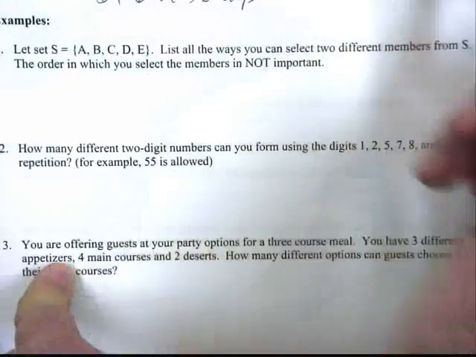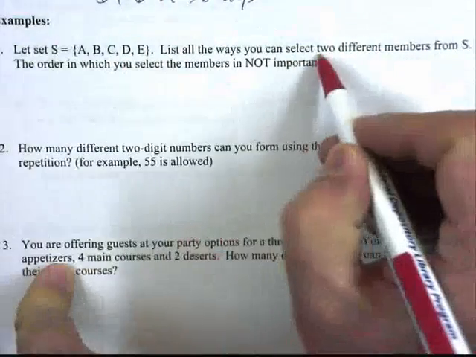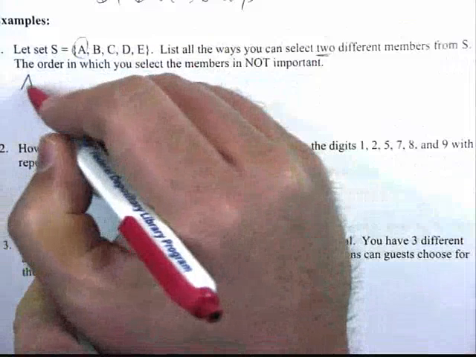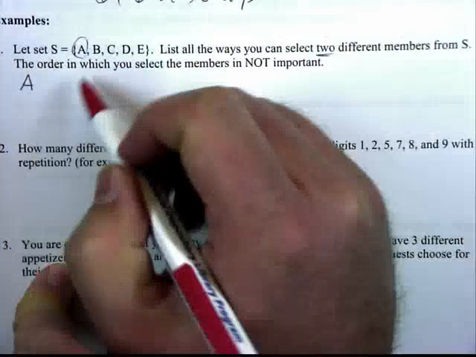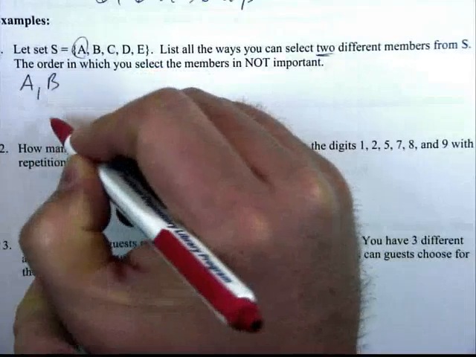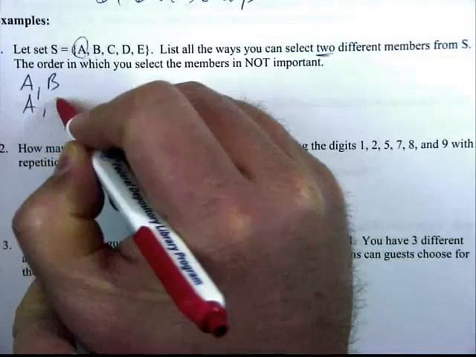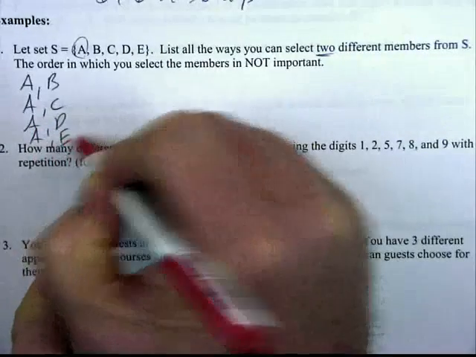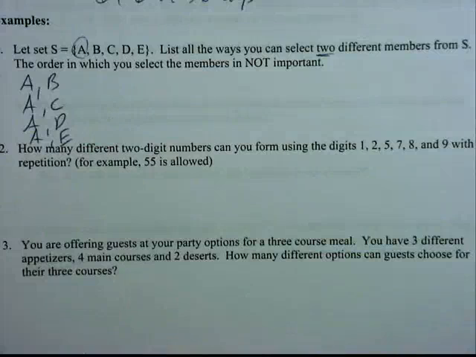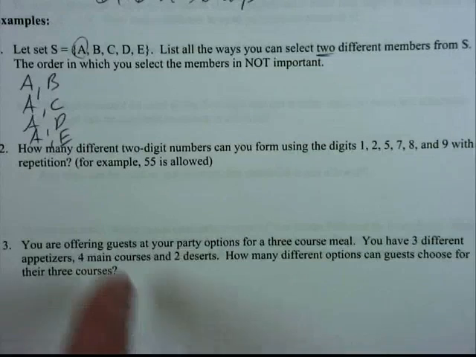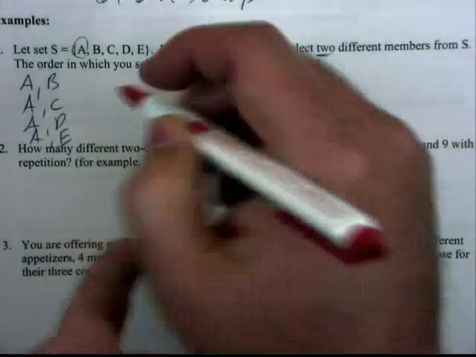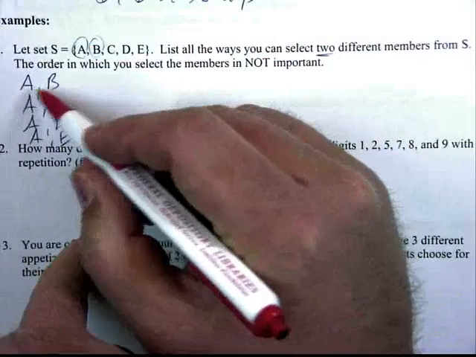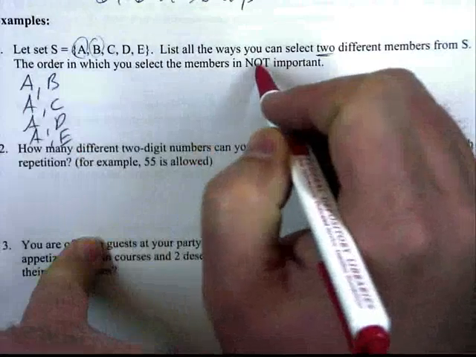So in other words, we're selecting 2 members, and we can start by selecting A. If you select A, then it's selected with B. A could get selected with C, A could get selected with D, or A could get selected with E. Those are our different possibilities for A. Then we move on to B, and we could select B with A, but notice we've already got A with B, and we said that the order was not important.